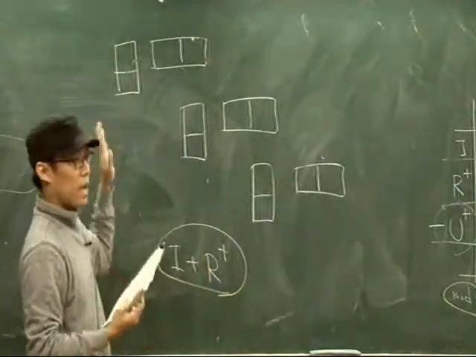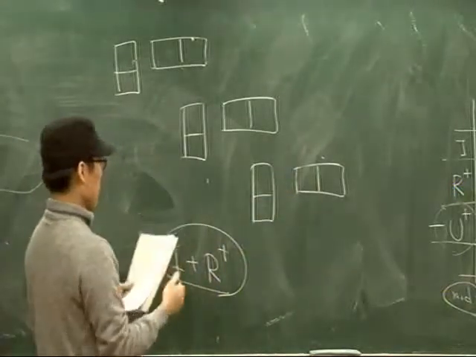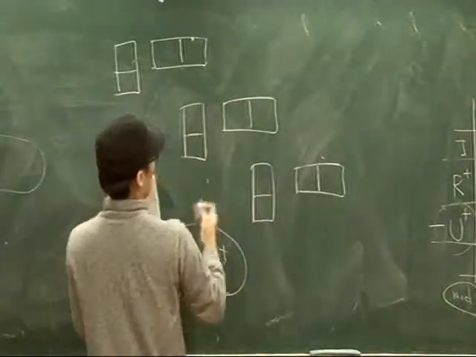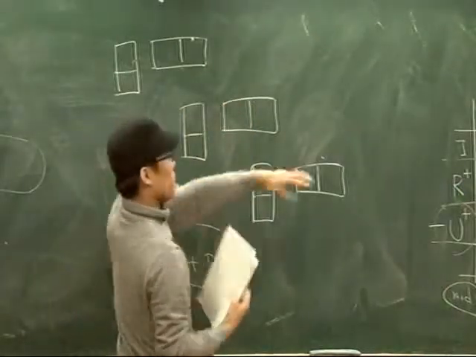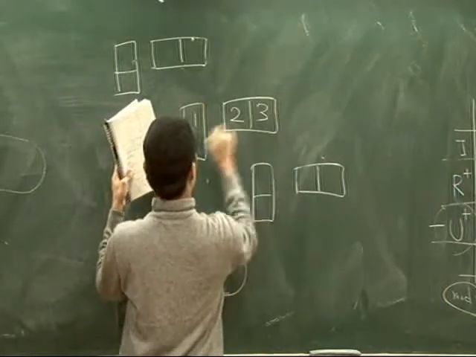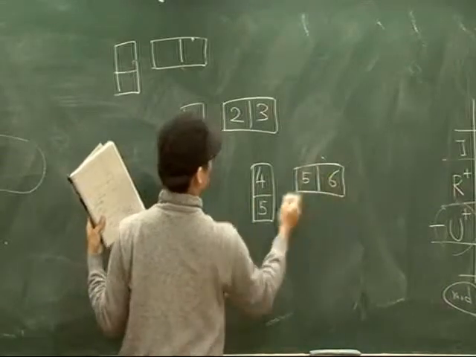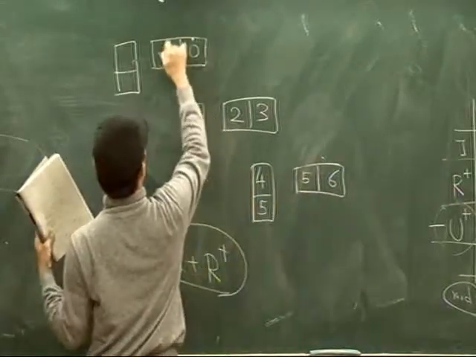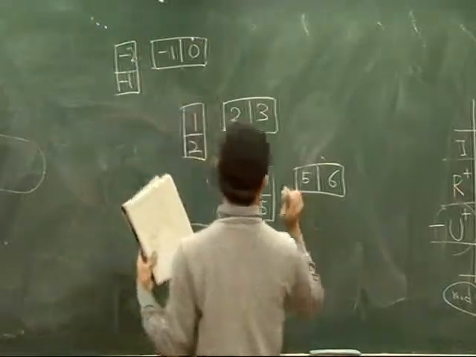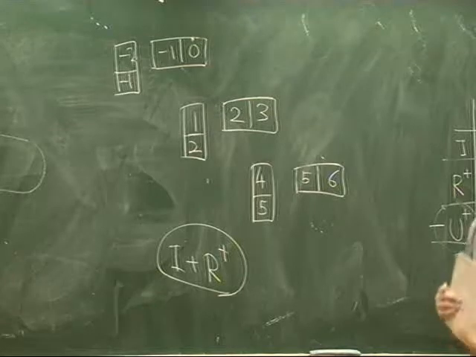I will not call this labeling because we used labeling for a different concept, but numbering of boxes. For example, in the same example I was using, this becomes 1, 2, 3, 2, 4, 5, 5, 6. Here's 0, negative 1, negative 2, negative 1, and so on. So we didn't mod out by n.